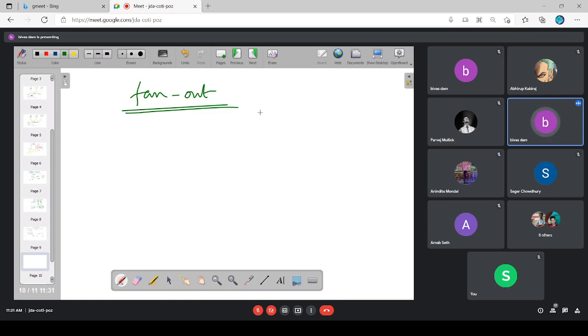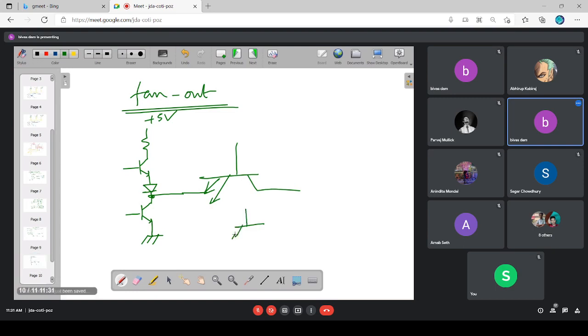Say this is my output. This might be going to two inputs of two different NAND gates.